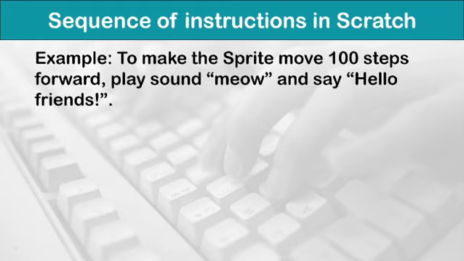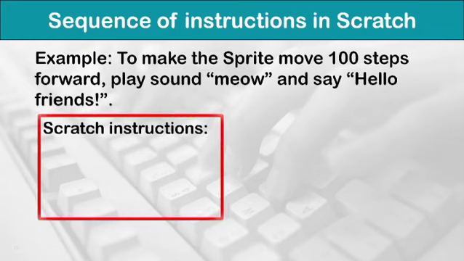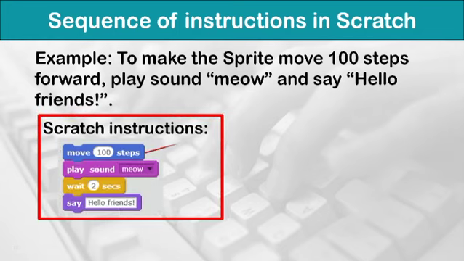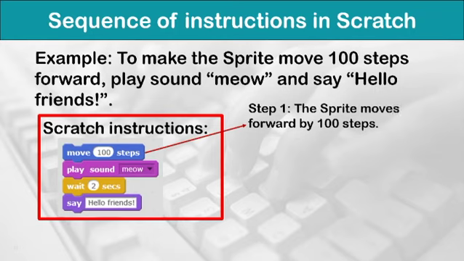Let us see an example of a sequence of instructions in Scratch. In order to make the sprite move 100 steps forward, play sound meow and say hello friends, here are the Scratch instructions. Step 1.